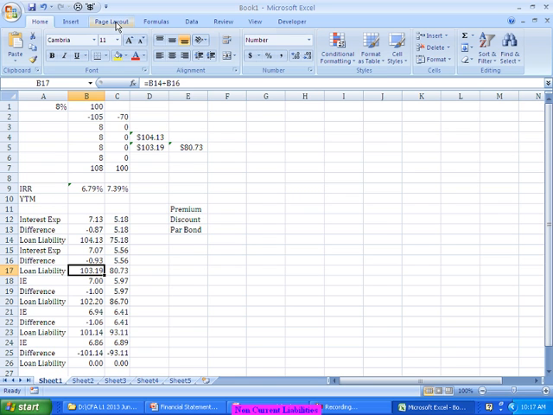So what we are saying is 1.2 plus 103.19 is the total liability that has to be paid. So probably 104 point whatever. So if 104 only is being paid, 0.39 has to be absorbed as a loss.